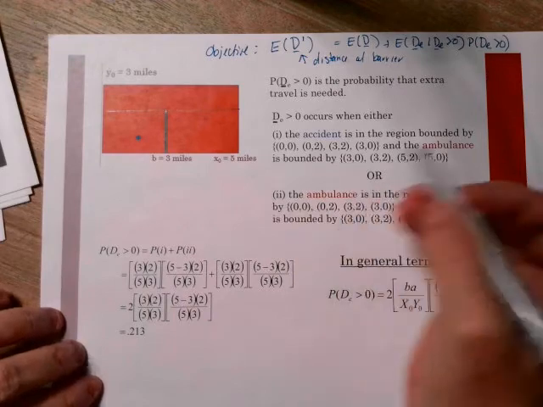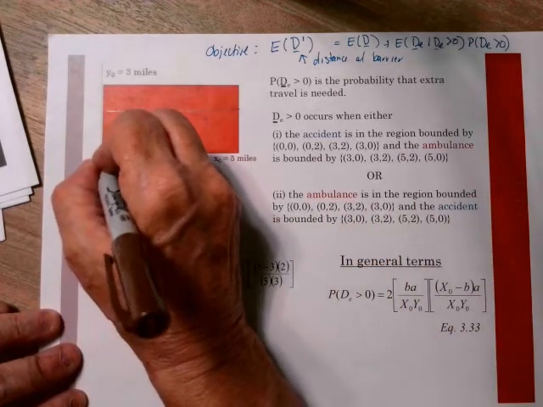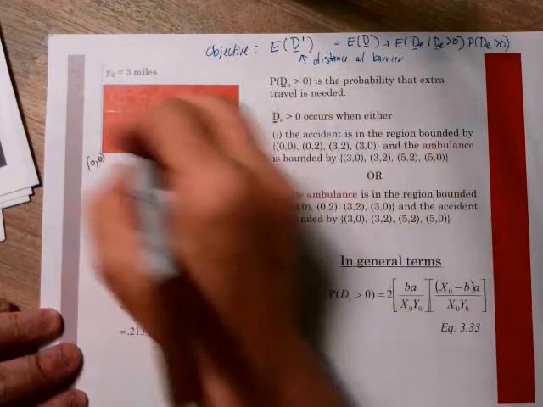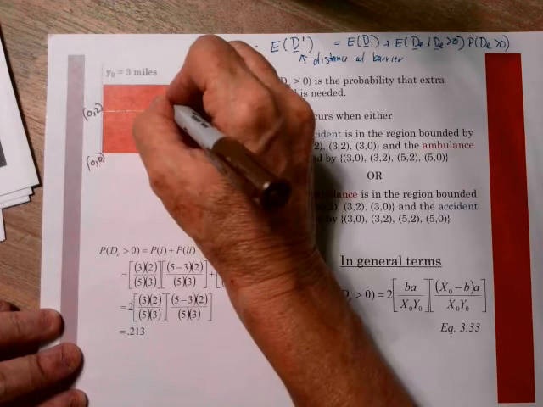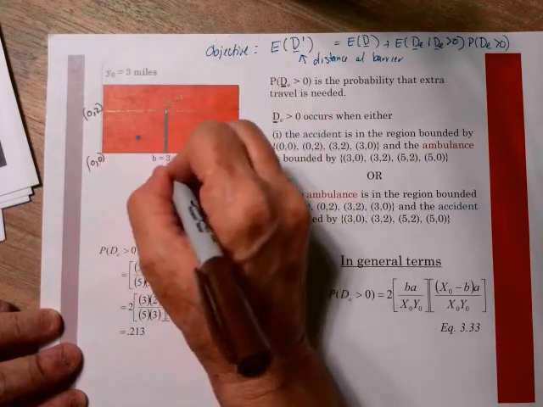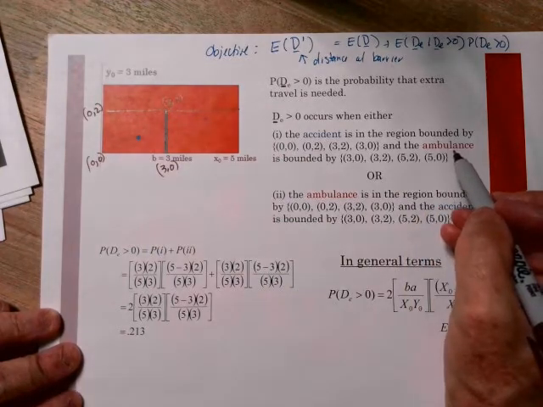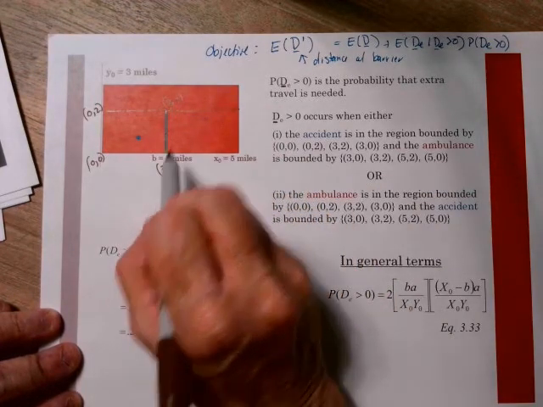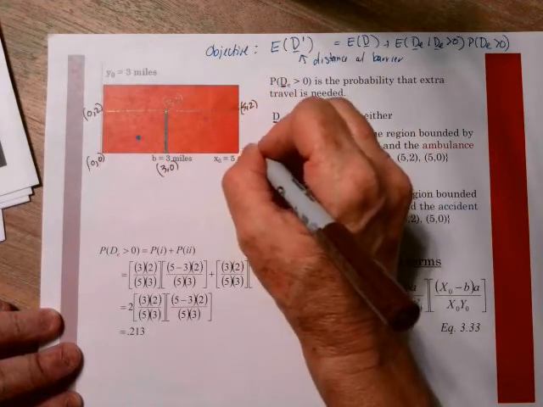So if the accident is in the region bounded by, again, let me put the coordinates in here: 0, 0; this is 0, 2; this is 3, 2; and this is 3, 0 here. Accident there, and the ambulance is bounded by 3, 0; 3, 2; 5, 2; or 5, 0.